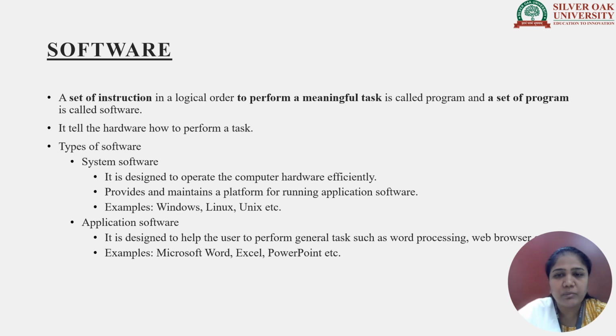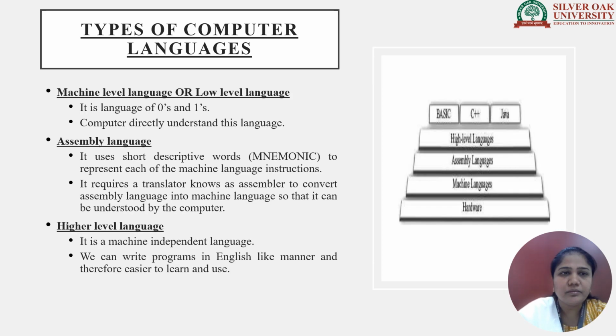PowerPoint is used for representing data in some meaningful graphical way. So all these types of software have their specific applications. This category comes under application software. So this is about software.